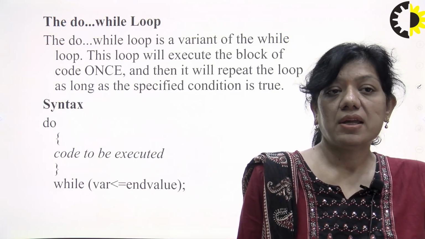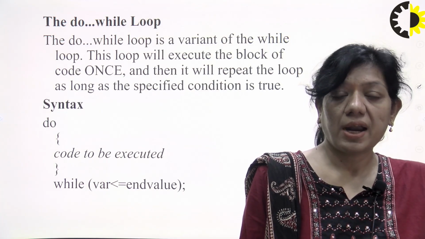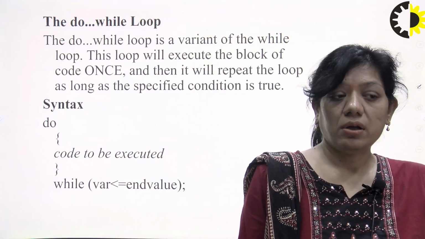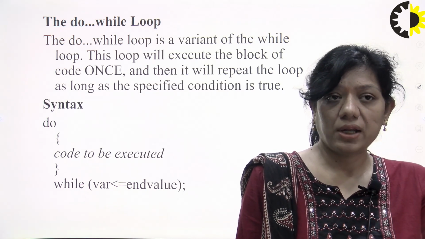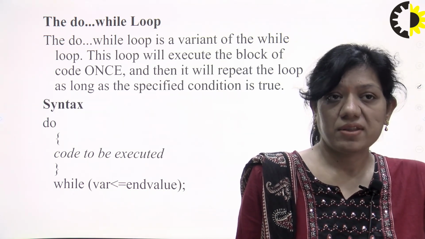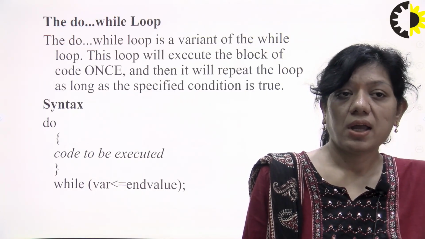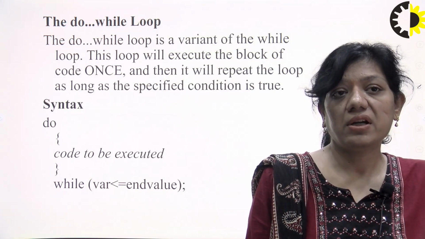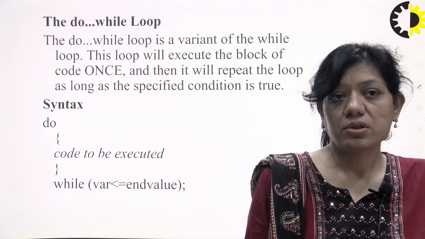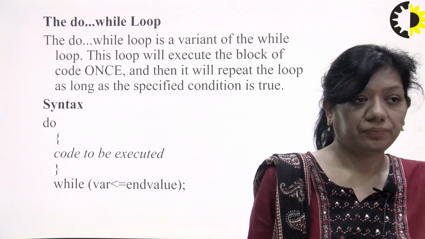That's why we say while loop is the entry control loop. But in do while loop the condition is checked at the last. That's why we say do while loop is the exit control loop, because we evaluate the condition at the end.